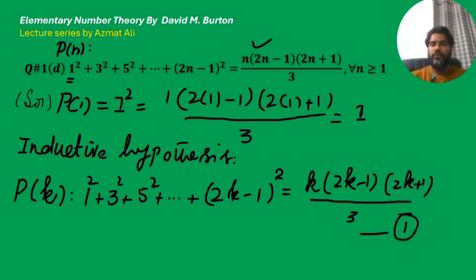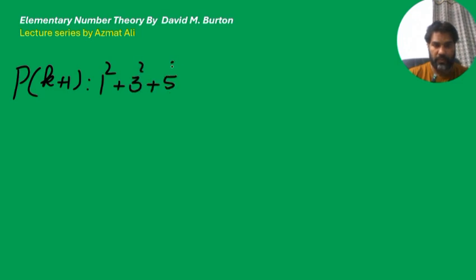Next we show that the statement is true for n equal to k plus 1. What would be the statement for n equal to k plus 1? This is simply obtained by just putting n equal to k plus 1 on both sides of the given question. So we have the statement for n equal to k plus 1 is given by 1 square plus 3 square plus 5 square and so on.